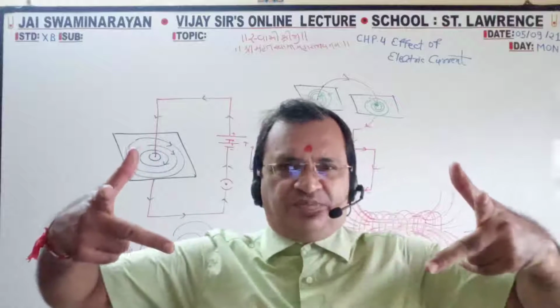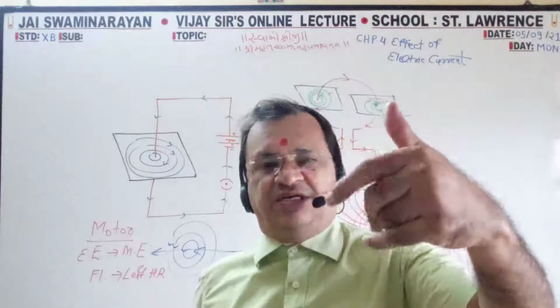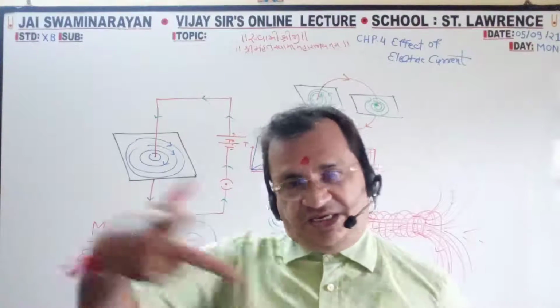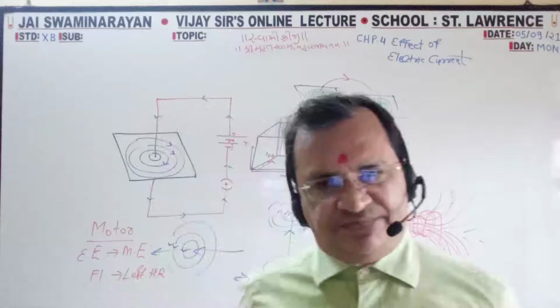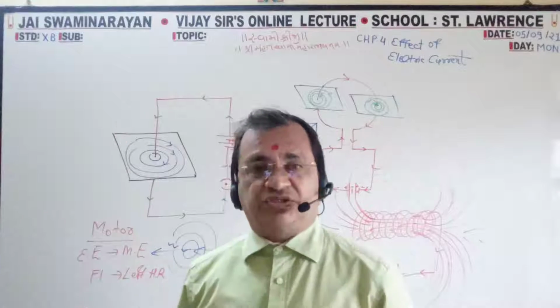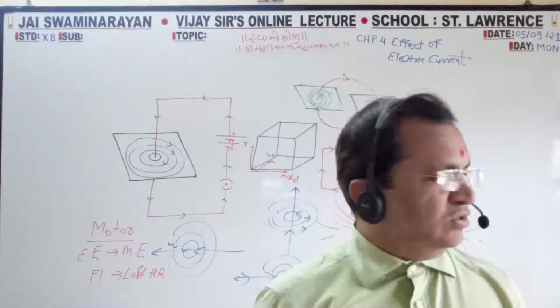This also same, but in the left hand rule we provide electric energy and produce mechanical energy. Here we provide mechanical energy and produce electrical energy. So that is the difference. These two are a very big question that we will discuss in the next lecture.